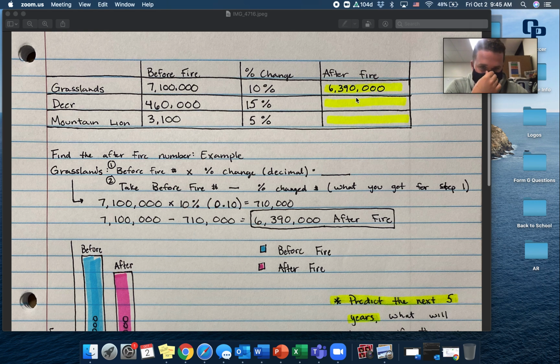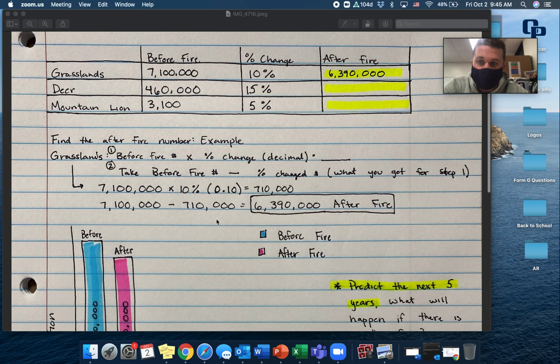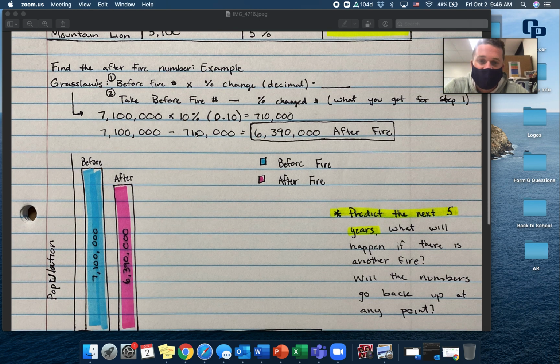So you're going to fill in the after the fire piece. This information here, where my mouse is, you do not need to write down. That was more or less giving you an example of what the problem is going to look like. So please use this as an example, but you don't need to write this down. But you do need to copy down this chart. So the first thing you should have is this table. Next, you would have a graph.